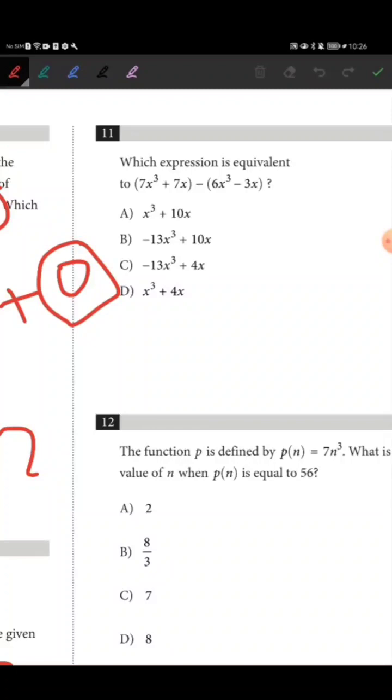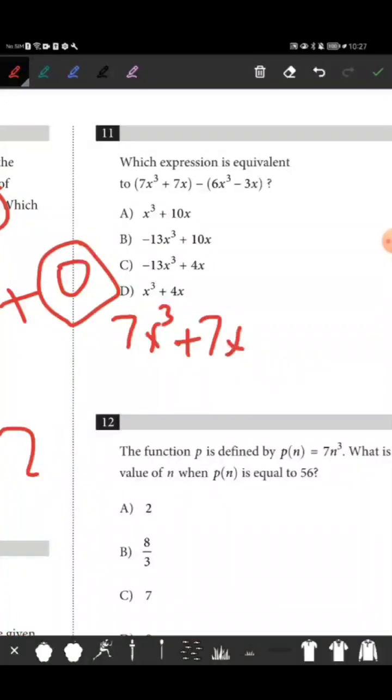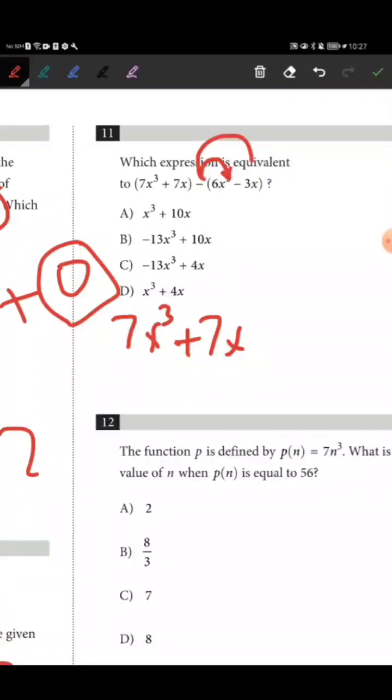Which expression is equivalent to (7x to the power 3 plus 7x) minus (6x to the power 3 minus 3x)? So how to solve these questions? We can combine them. First of all, we can unlock the brackets: 7x to the power 3 plus 7x, and let the negative enter this bracket.